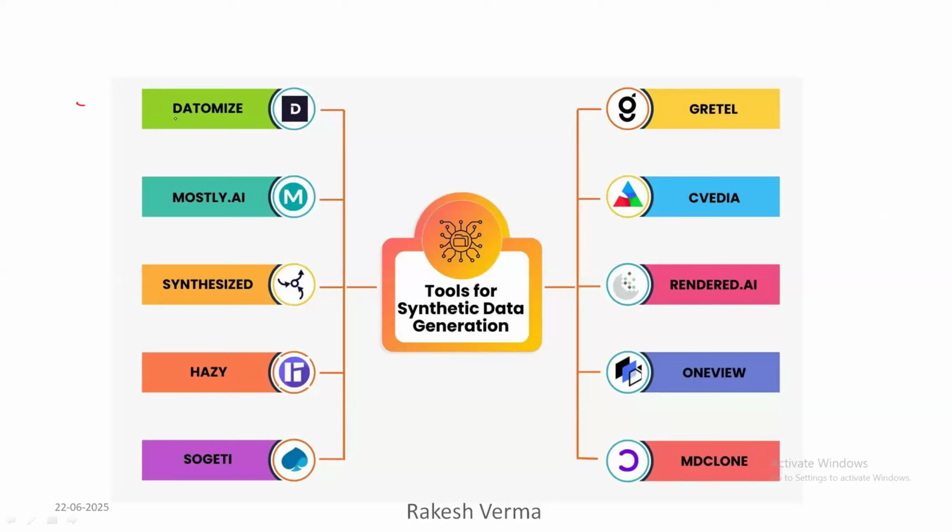You can see this one. The tools for synthetic data generation are Mostly AI, Synthesized, Hazy, Socrates. Those are tools which we can use to create different types of data. CVedia, Gretel, you can note this down. Those are the software or tools available which help us create synthetic data which does not actually exist in the real world, basically fake data.